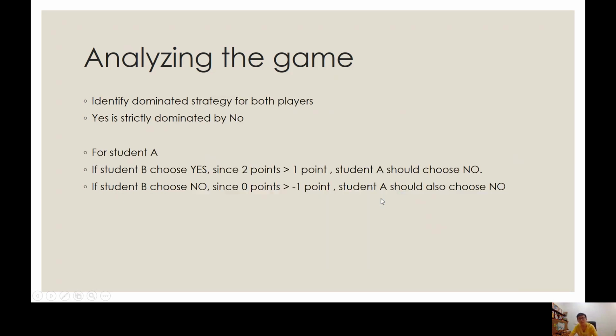So we can say that yes is strictly dominated by no. To show that clearly, we need to make an assumption. For student A, if student B chooses yes, since 2 points is better than 1 point, student A should choose no. If student B chooses no, since 0 points is better than negative 1 point, student A should also choose no.